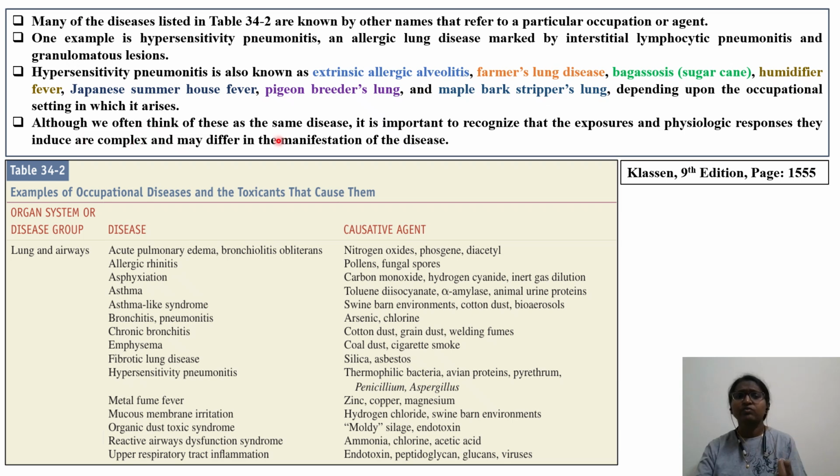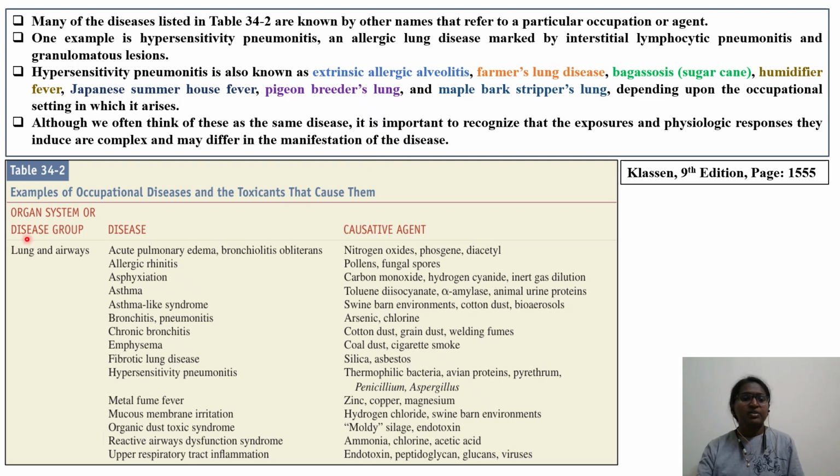Although we often think of these as the same disease, all this type fall into a similar type of allergic alveolitis, but from the exam point of view, they might give you synonyms also. It is important to recognize that exposures and the physiological responses they induce are complex and may differ in the manifestation of the disease. How the disease is progressing and how to treat the disease, all these things also vary based on the source of exposure.